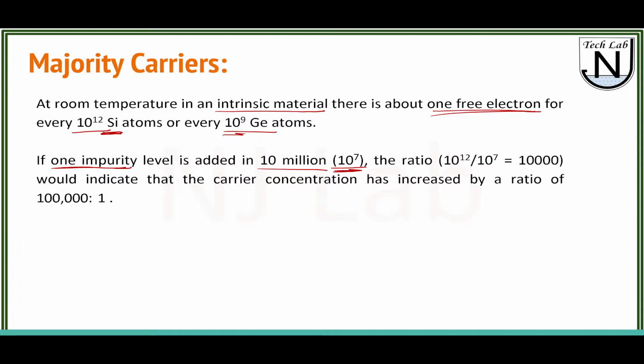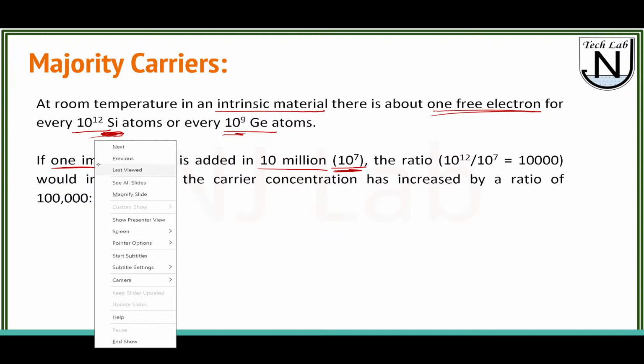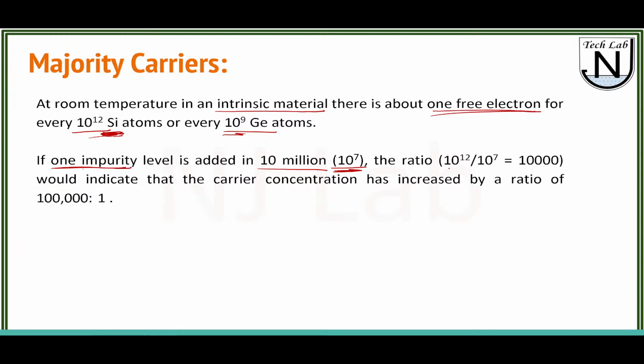If we look at the silicon, just by adding one impurity, we will be able to generate 10,000 charge carriers, right?